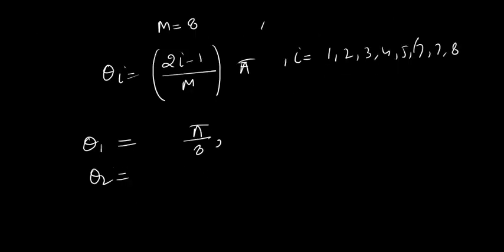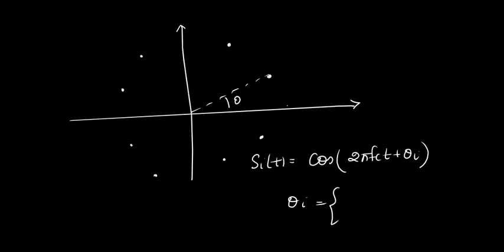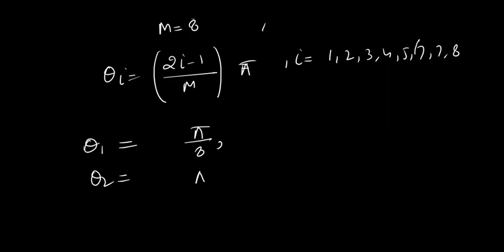So I am asking you to draw 8 points. So it will be theta 1 is pi by 8, theta 2 will be pi by 8 multiplied with 2i minus 1. Let me see if this is right.